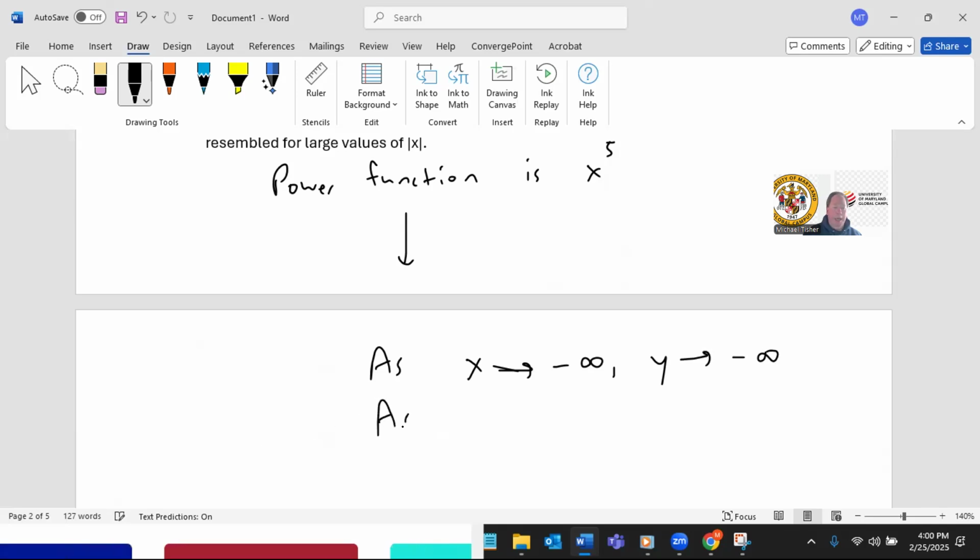And then as x increases or goes to infinity, it looks like y is also going to infinity, which means y is also increasing. All right. Okay, so that's overall what our given function is doing. All right. So let's see if we can look at that more.